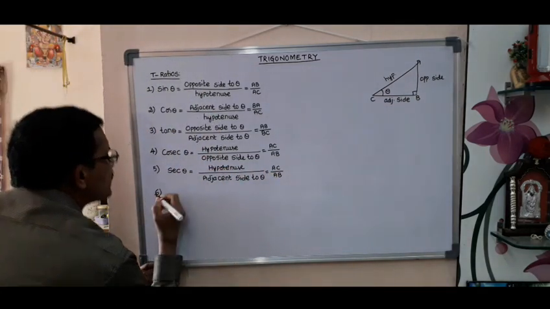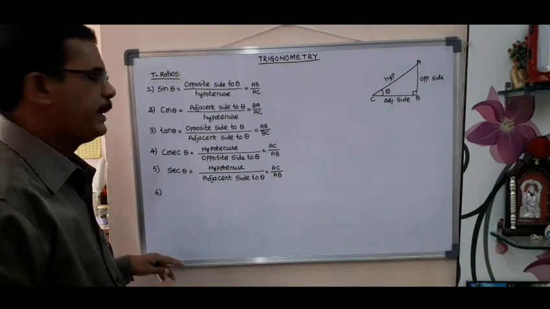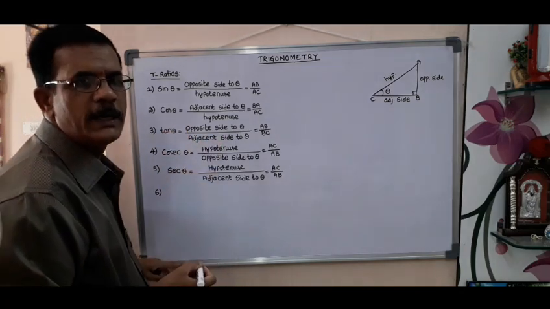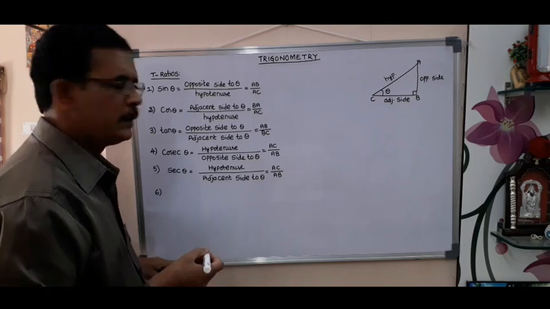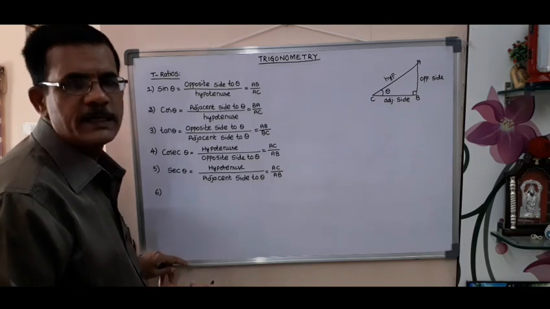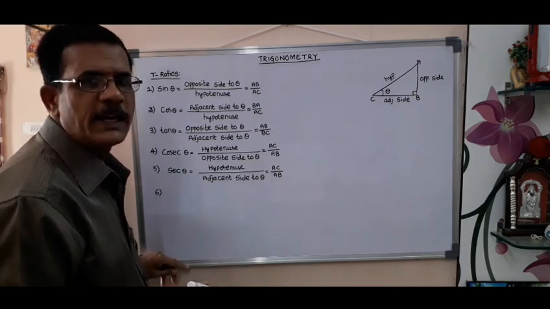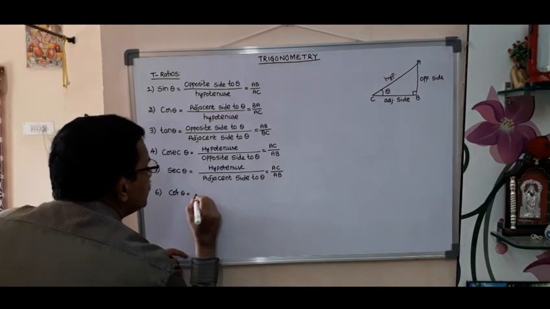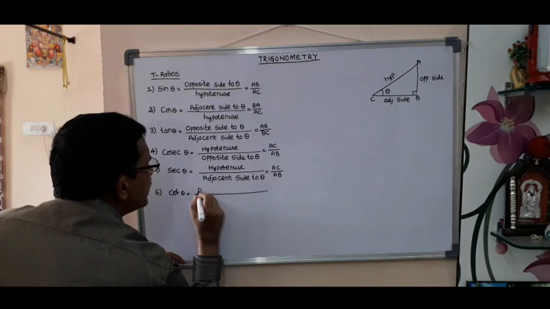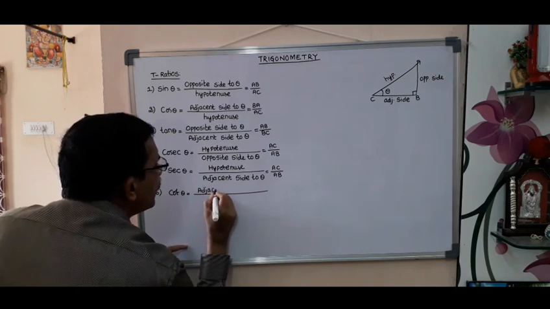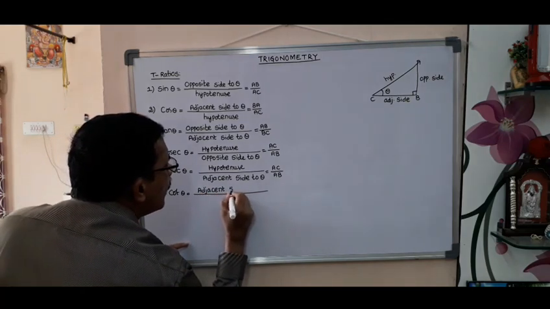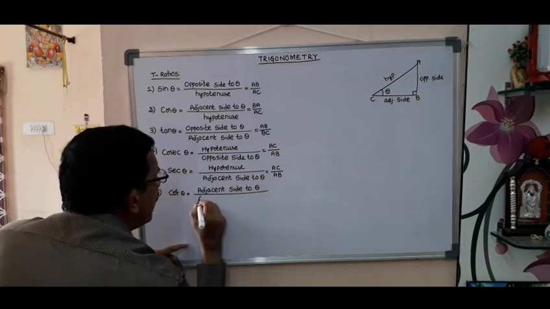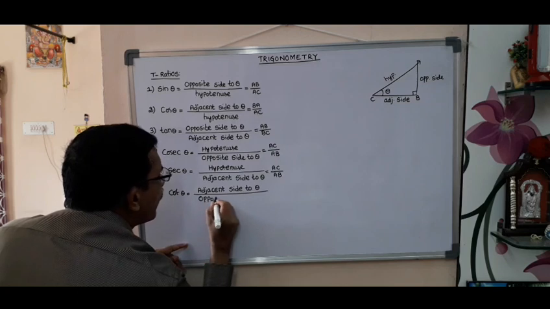Now, sixth one, cot theta. It is the reciprocal of tan theta. Tan theta is opposite side to theta by adjacent side to theta. So cot theta is adjacent side to theta by opposite side to theta.